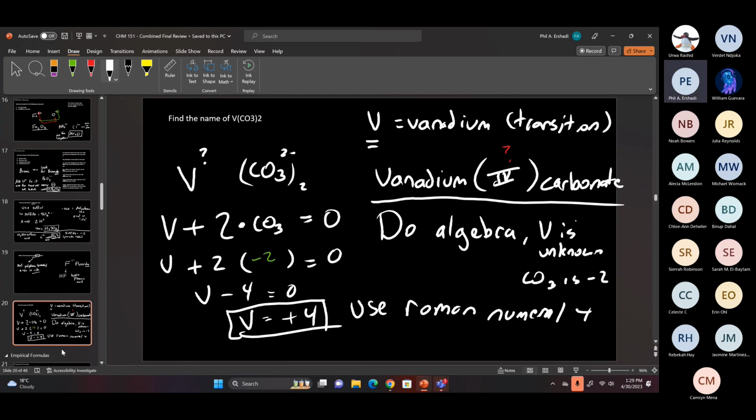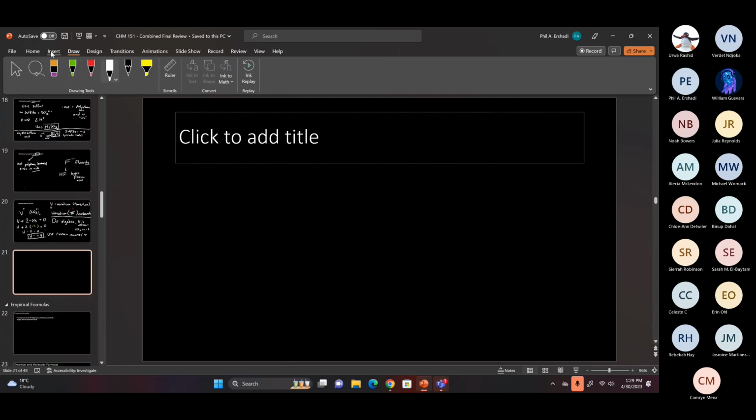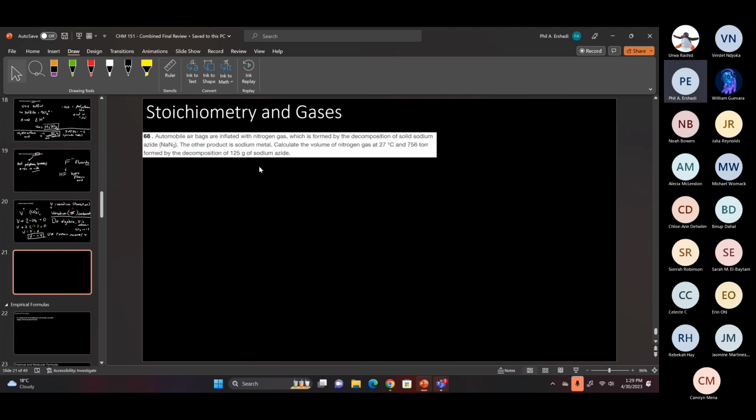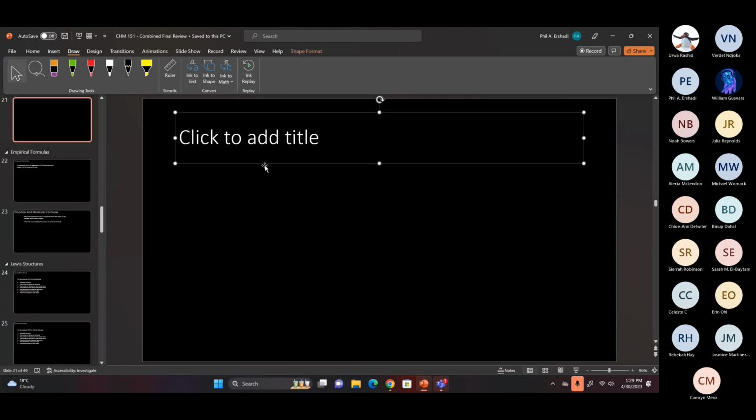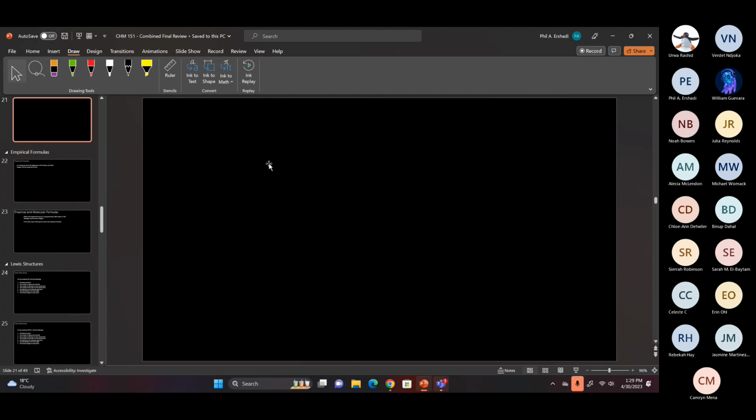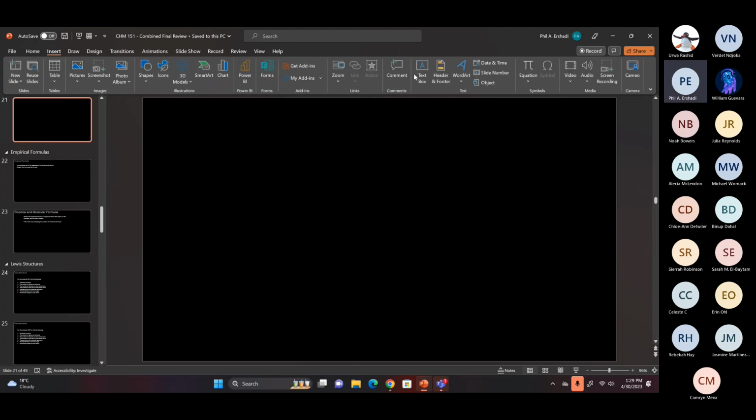All right. So hopefully this helps a little bit with transition metals. We can do one more example here. And let me clean this up. Put in another text box.